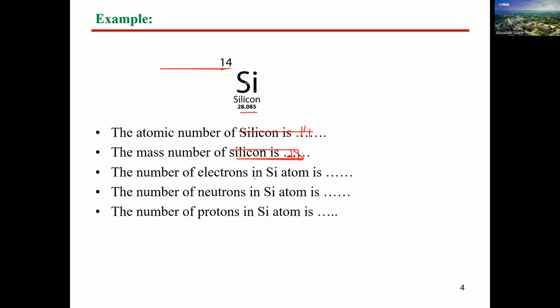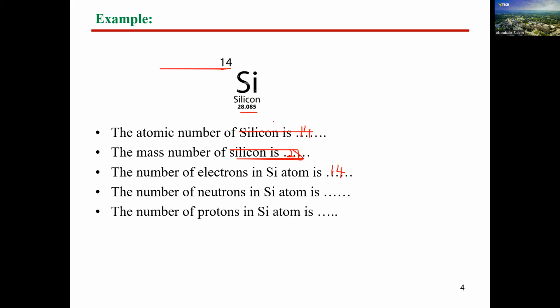The number of electrons in a silicon atom. We mentioned together, guys, electrons and protons are equal in number and both are equal to the atomic number. So this should also be 14. The number of neutrons in a silicon atom. We said that the neutrons are the neutral charges inside the nucleus. And in order to get the number of neutrons, we need to subtract the atomic number from the mass number.